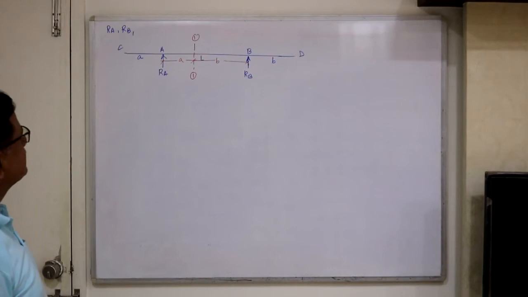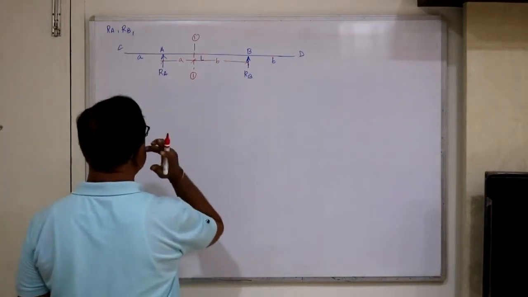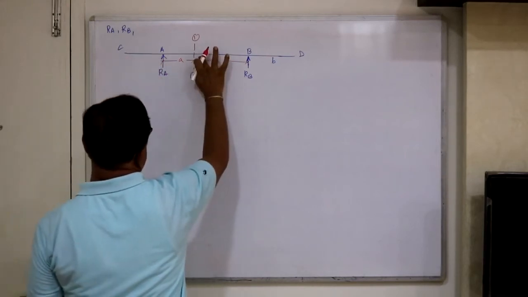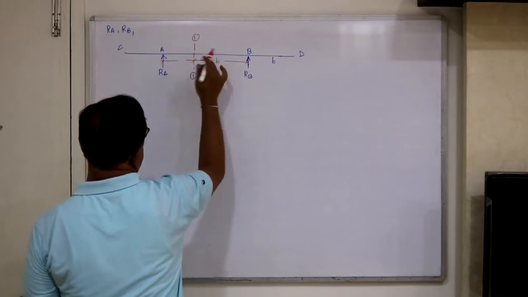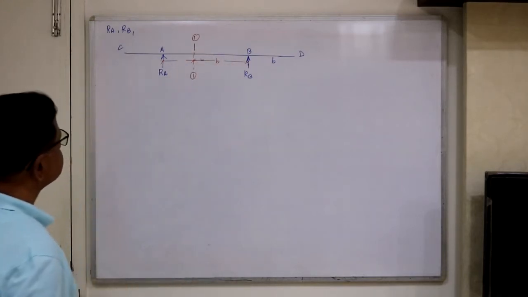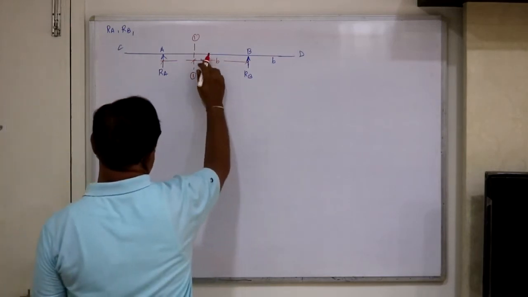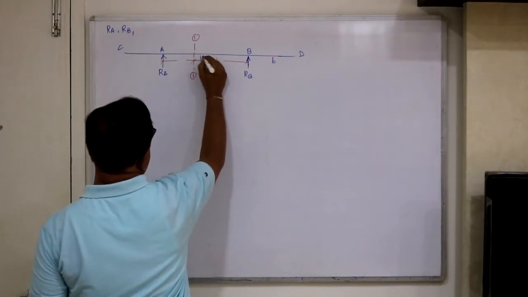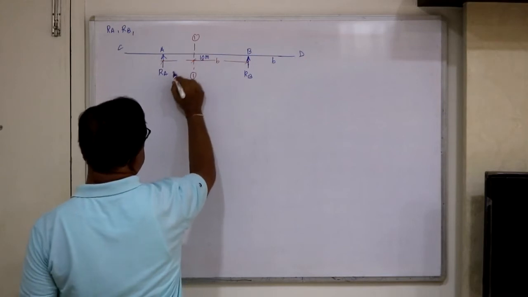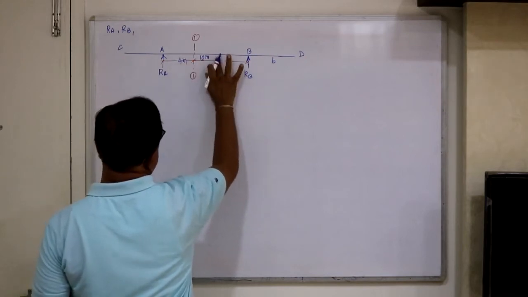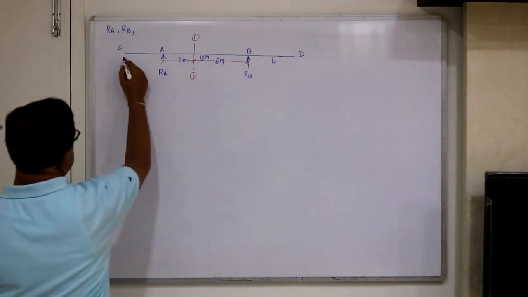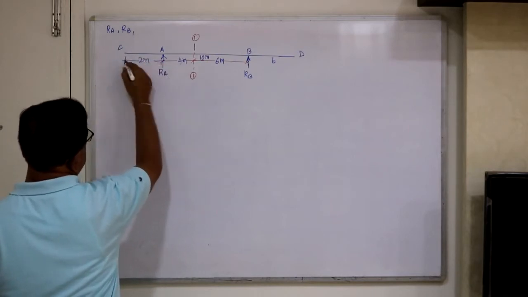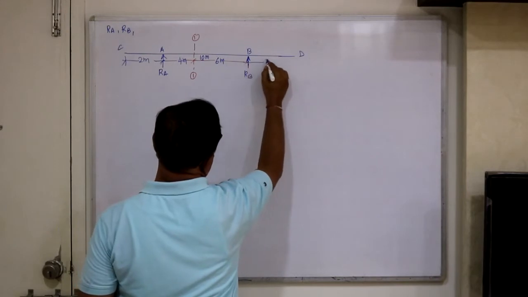Or use any other, because say AB overhangs we have taken here. So instead of AB, we will take these known distances here. Say let's take this span 10 meter, and say this is 4 meter, this is 6 meter, and this you take say 2 meter overhang, and this side you take 3 meter.